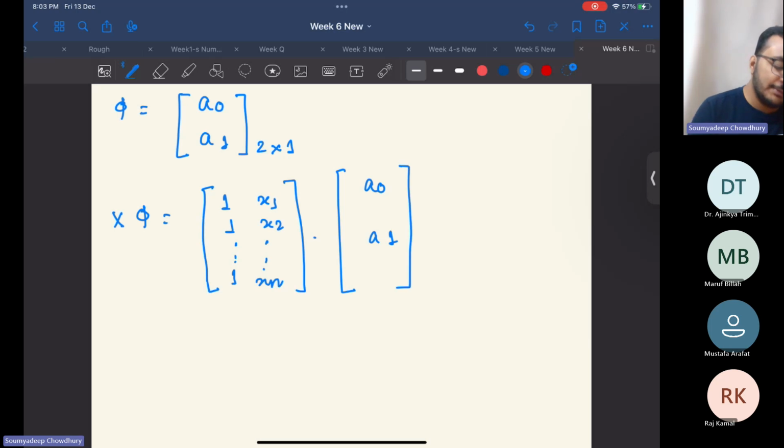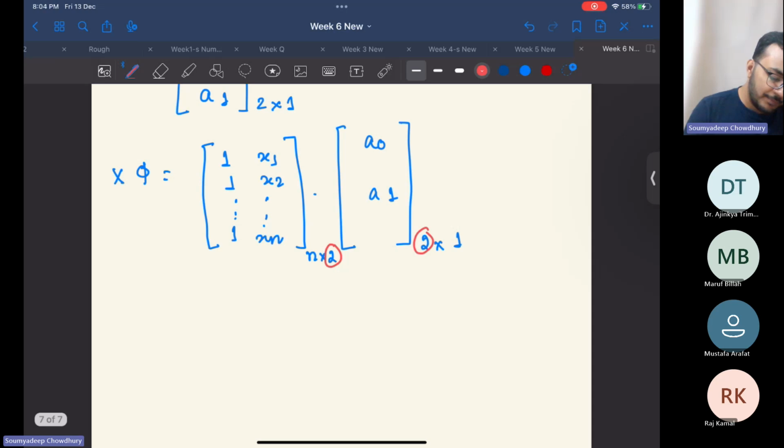First of all, is this multiplication possible? This is n cross 2, this is 2 cross 1. So yes, the column number of the first matrix and the row number of the second matrix match. What will be the output matrix size? It will be n cross 1, right? It is basically first row into first column.